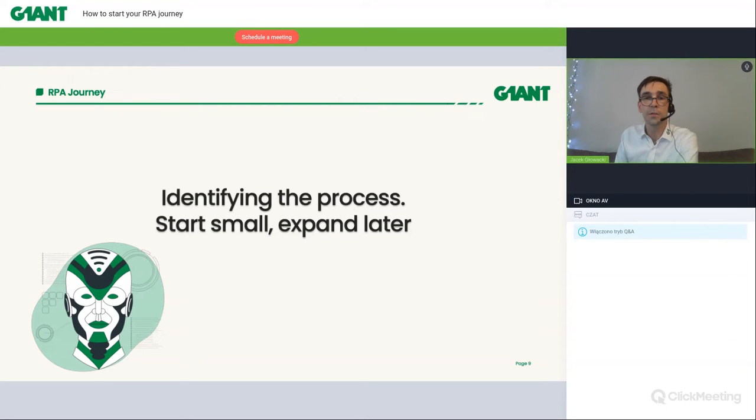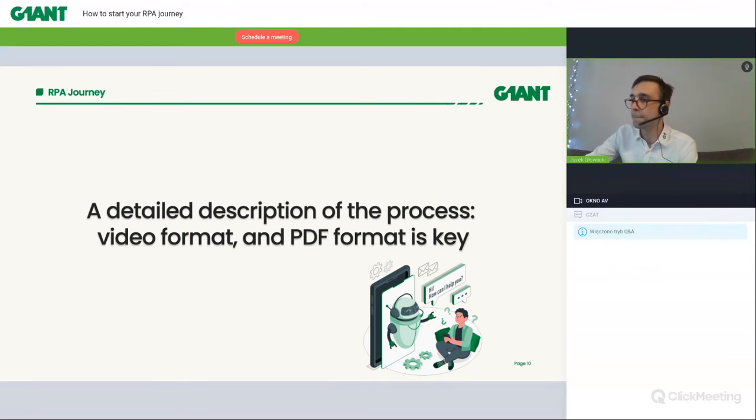So a very small process, just a few steps, but very effective. The implementation took us very little time, and the results were almost instant because the employee was completely free to do other things and just worked with the final result. So let's move on to the next slide.